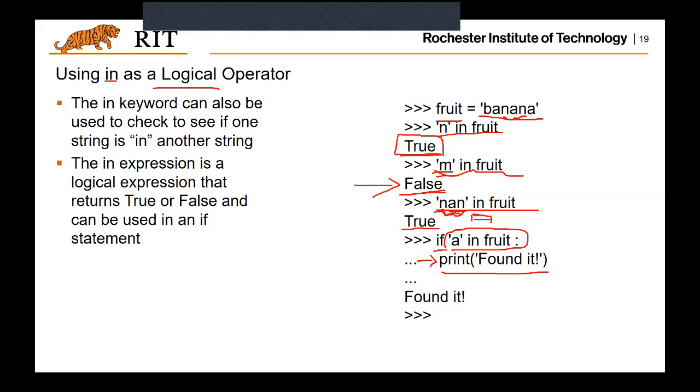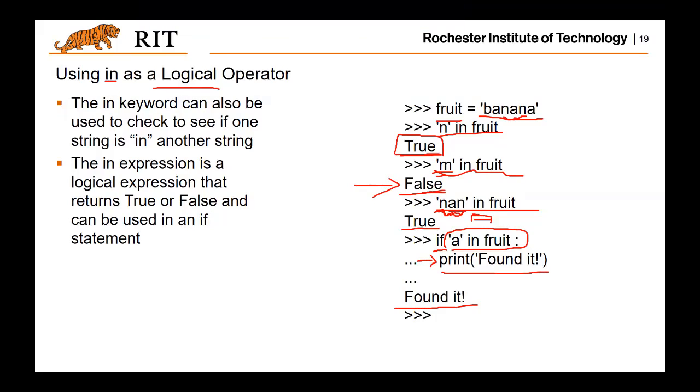In this case, print founded. And since you have multiple A's in this string, definitely the result would be founded. We will do some more practice in the lab sessions to utilize this logic operator, the in operator.